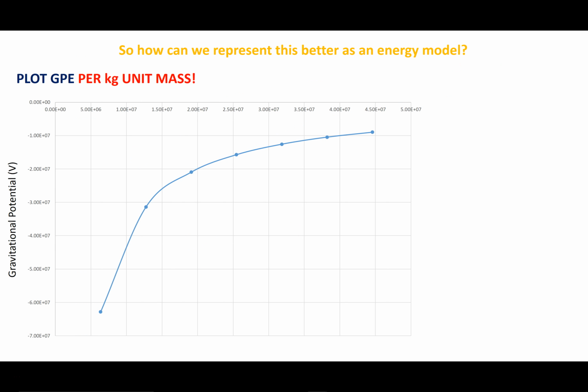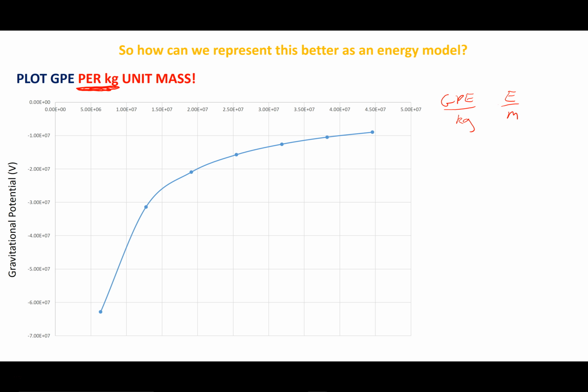And so what we do is instead we say, okay, to model this field and to give us something that represents just the field, not the objects within it, we're going to work out what the gravitational potential energy of a single kilogram would be. And so if we plot for the Earth the gravitational potential energy of a 1 kilogram mass, we get this graph here. So I've got GPE per kilogram, or energy divided by mass.